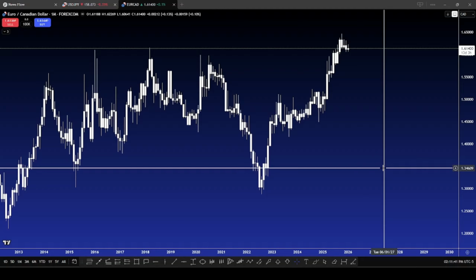What I'm going to do for you guys is show you here in replay mode how we go through that checklist, and then what the internal structure versus the external structure looks like and why it's so important for you to recognize the difference between the two. Because if you can understand that the structure you're looking at is still internal, then you know that it's not ready to take it in the direction of the trend.